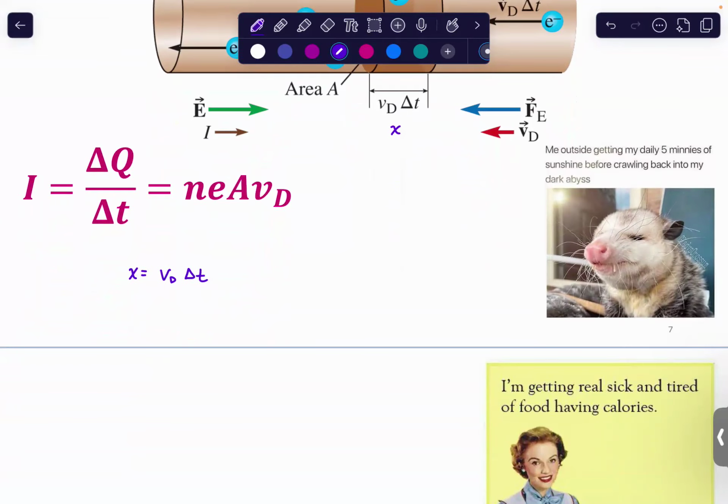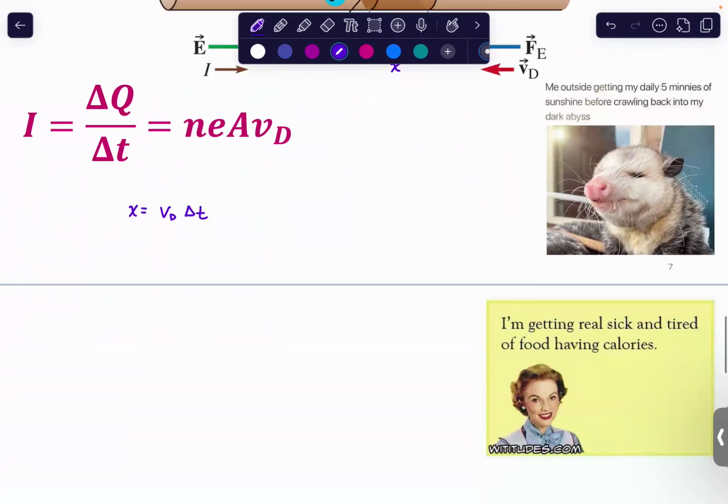How do you get the volume of that cylinder? Area of the circle times the length. So the cross-sectional area of the wire, A, times v delta t.